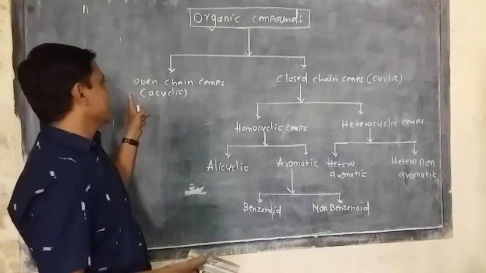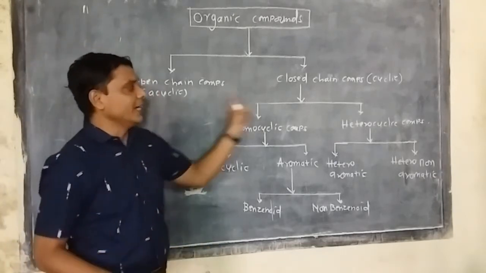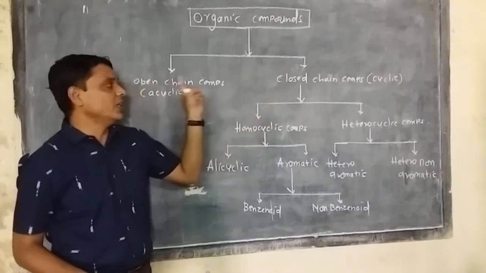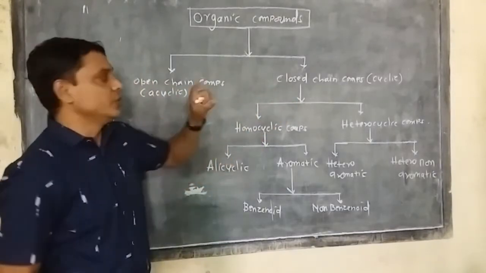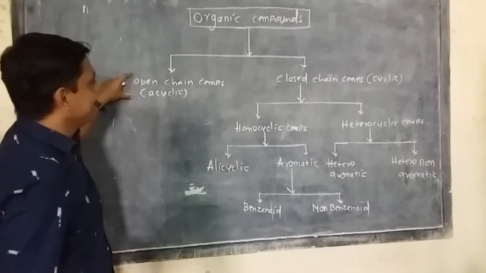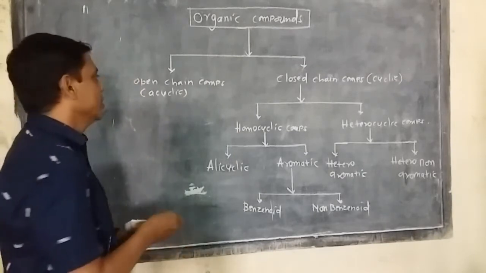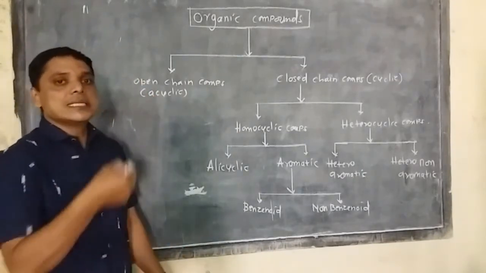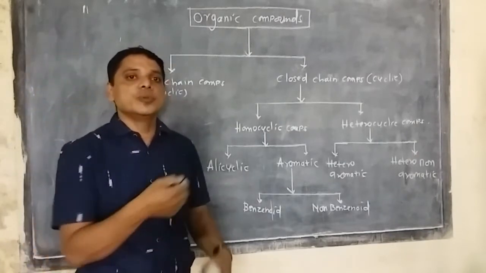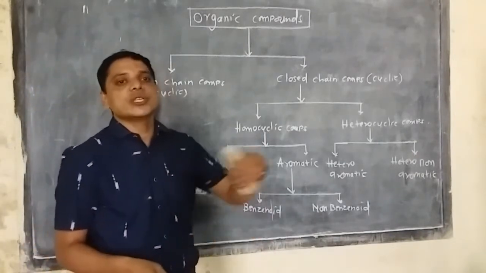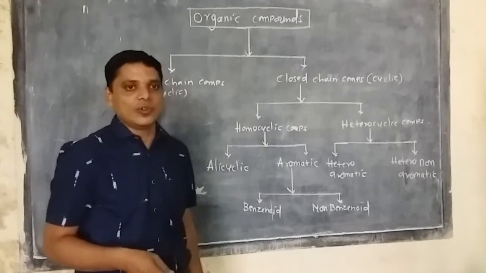So the first basic classification is open chain compounds and closed chain compounds. All these compounds are basically classified into these two parts. Now see the idea behind open chain compounds. Open means that the carbons are joined with each other in a straight chain form or maybe in a branched chain form.